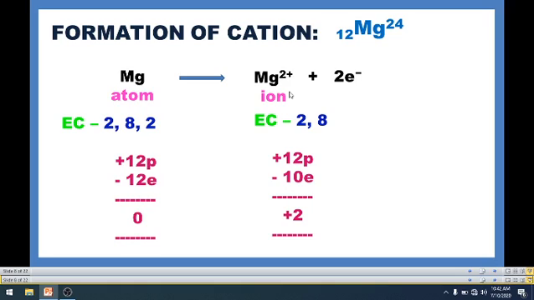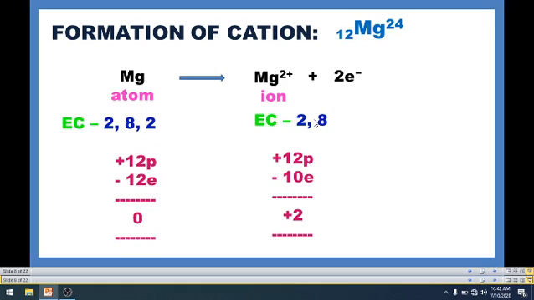Magnesium. The electronic configuration of magnesium is 2, 8, 2. So the total number of protons is 12 and electrons is 12. So plus 12 minus 12 is equal to 0. The magnesium atom is electrically neutral. Look at the electronic configuration. How many electrons does it want to lose? 2 electrons.